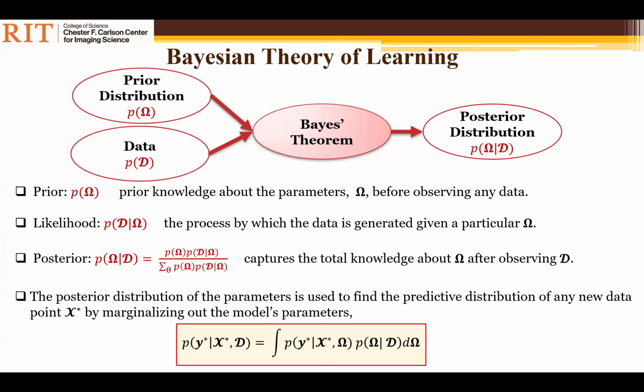Now, one might ask, why do we need the posterior? Why do we need the probability over the parameters? We're not directly interested in that posterior. We're mainly interested in it because we're more interested in the prediction distribution, which is the distribution over our output that can be computed by integrating over all the network parameters using the posterior. So we can't actually compute the prediction distribution unless we have the posterior.